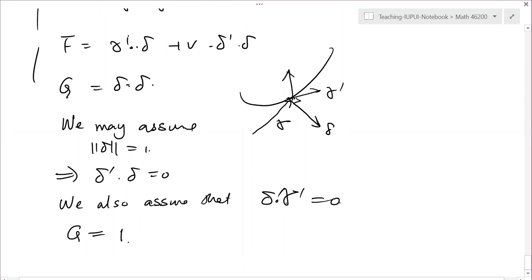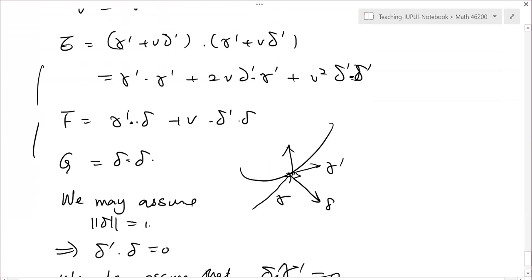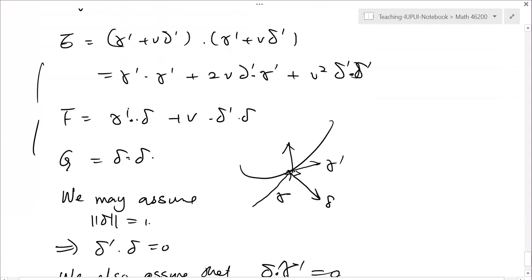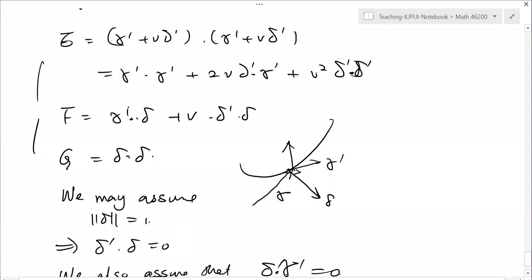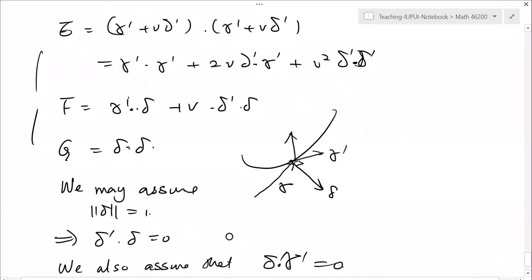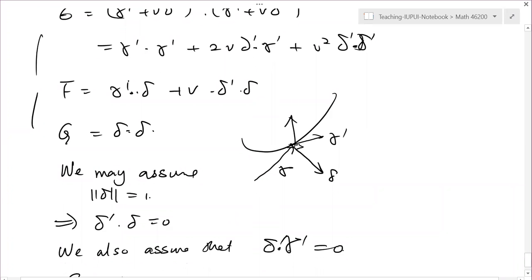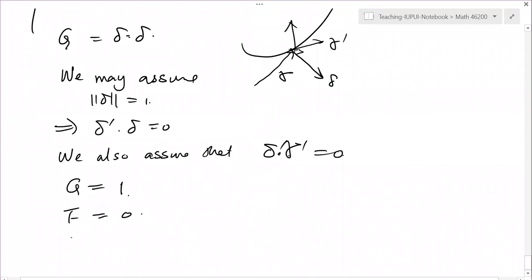G is going to be 1. F is going to be what? It's going to be 0. How about the E? I think for the E, I can assume gamma prime is also going to be 1. So the curve has unit length.